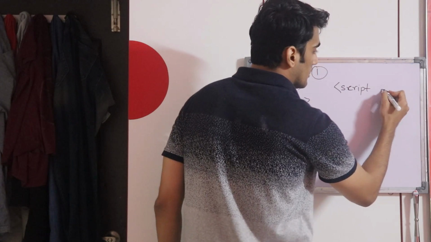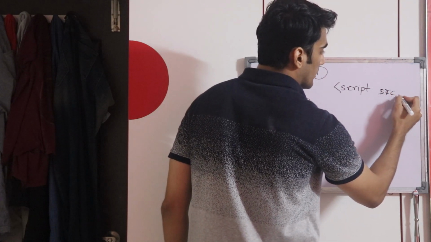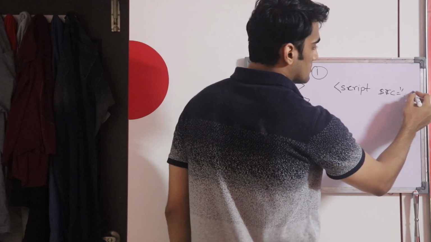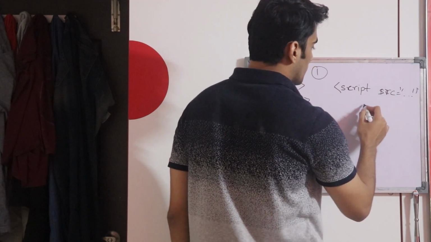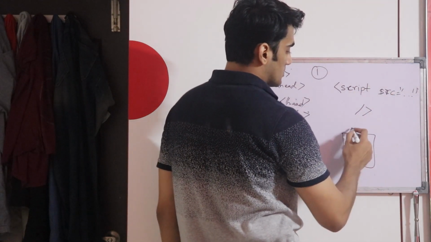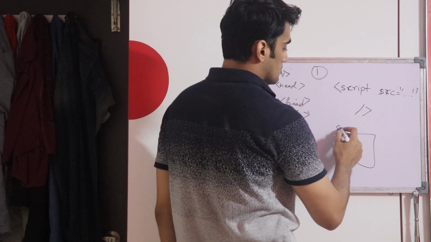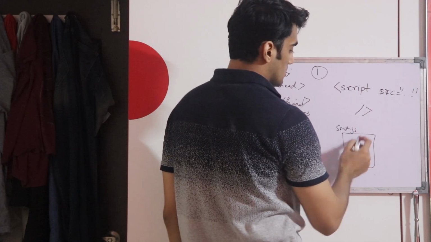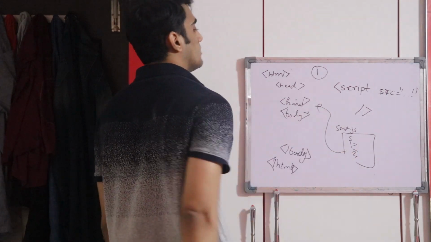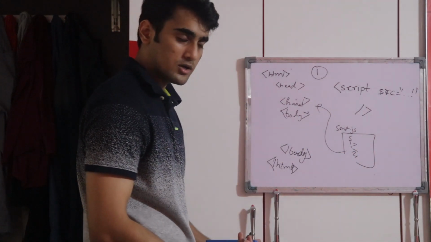We provide the path of another file using the src attribute of the script tag, and inside this we give the relative path of the script, a file with the extension .js, suppose script.js. This will have all the code, and it will be inserted in the HTML document, read by the browser and compiled.